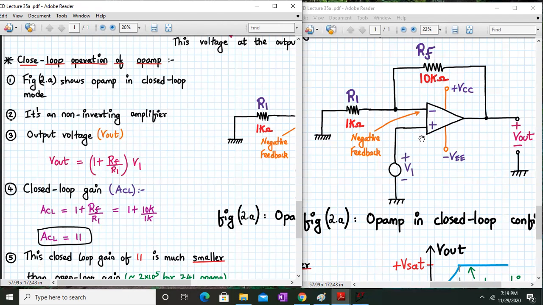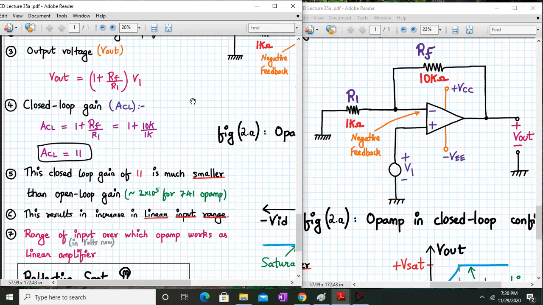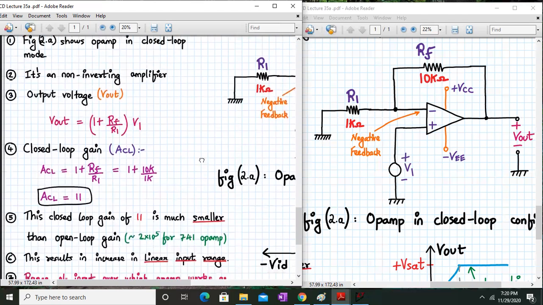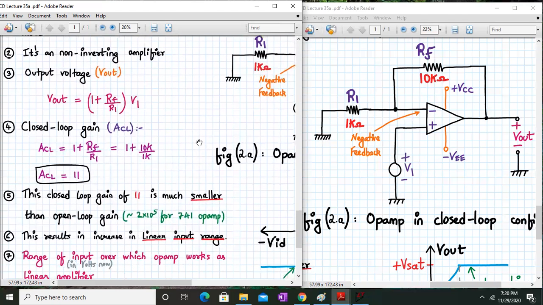No, it's not inverting. It's basically a non-inverting amplifier. Why non-inverting? Because input is applied to the non-inverting terminal. We have derived earlier that the output expression for this non-inverting amplifier will be given by 1 plus RF upon R1 into V1, where V1 is the input. So the closed loop gain will be Vout upon V1, right?